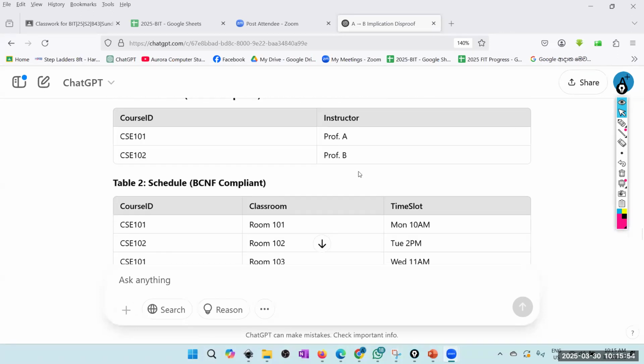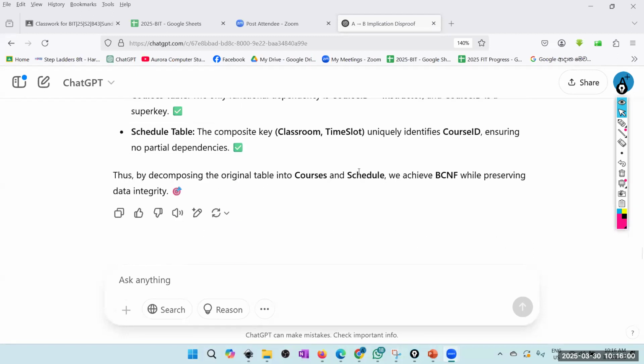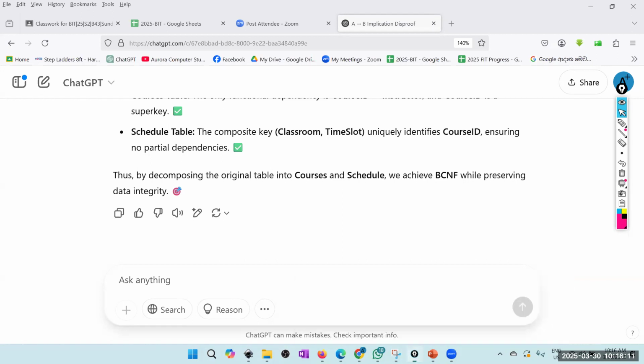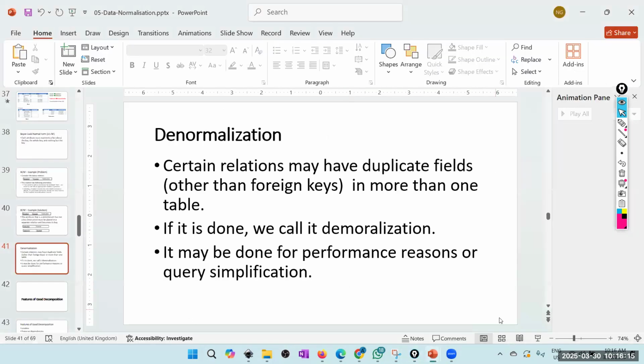Very rare because it's very fuzzy. I have never seen a BCNF question in your question paper. So let's move on to denormalization.